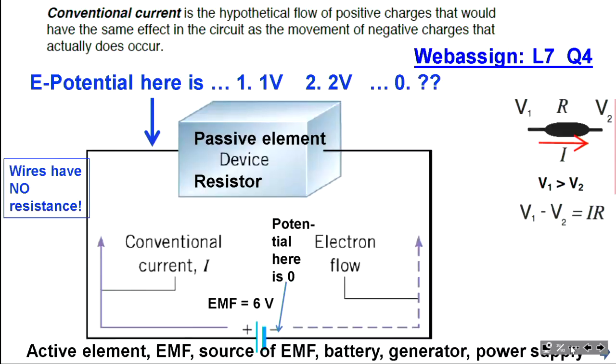It's 6 because, as we said a couple of slides before, a wire doesn't change electric potential. So electric potential at the negative electrode is set to 0. This potential will be higher than 0 by the EMF. 6 higher than 0 means this potential is 6, and a wire does not change electric potential. Remember that.